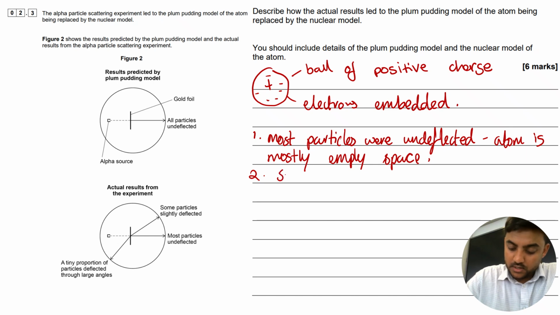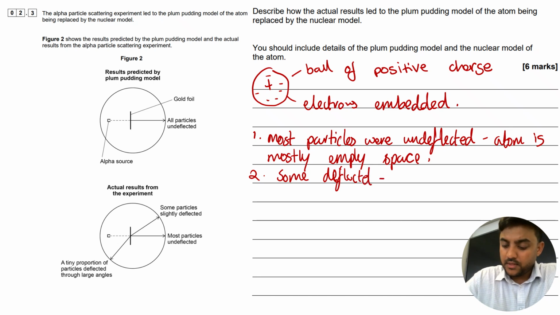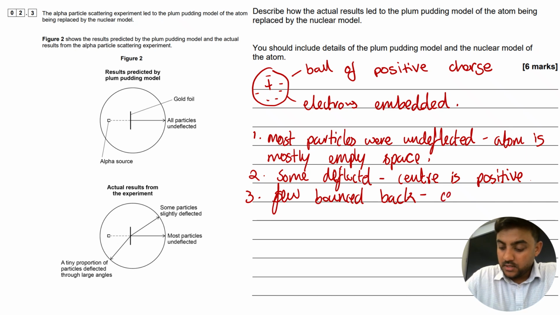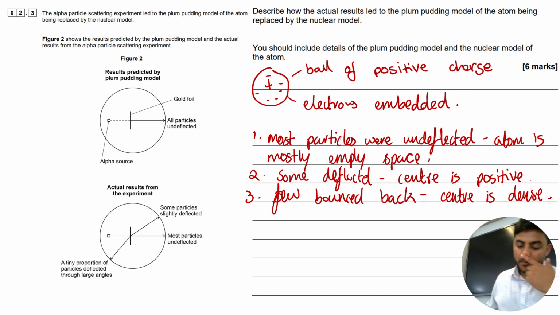Number 2, some deflected, showing that center is positive. Number 3, very few, bounced back, showing center is dense.